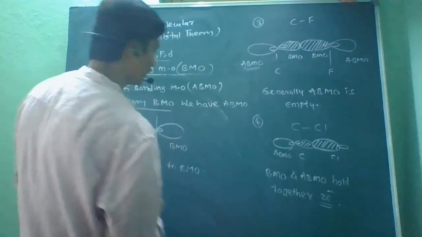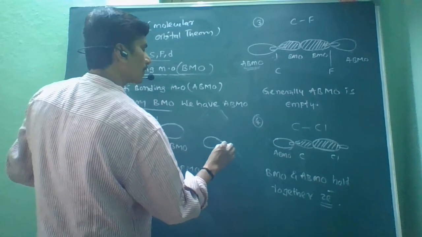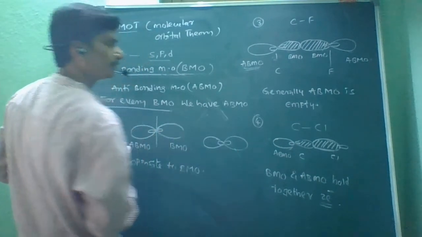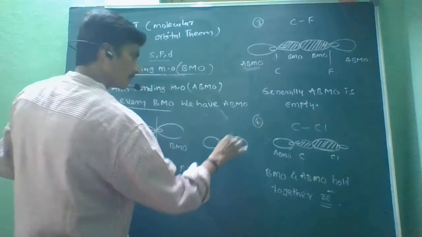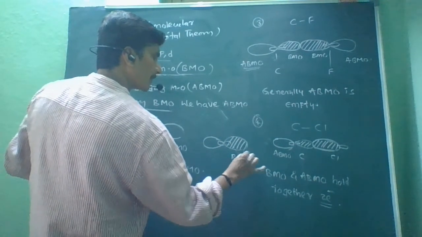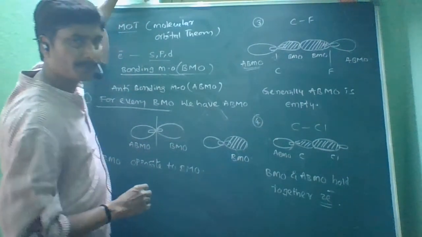For example, it is our BMO, which already contains two electrons.